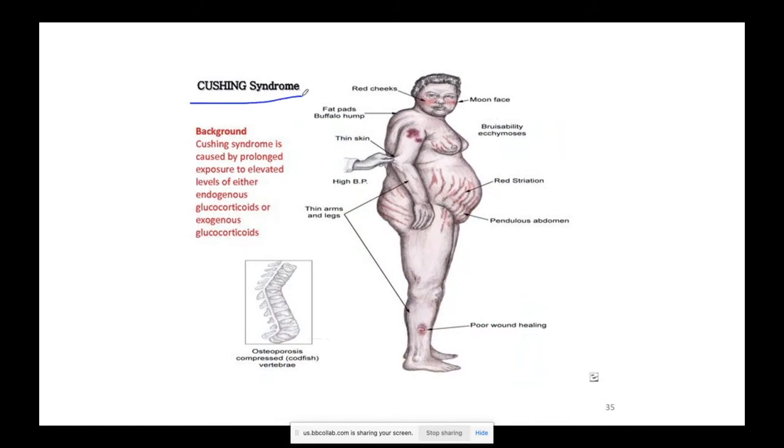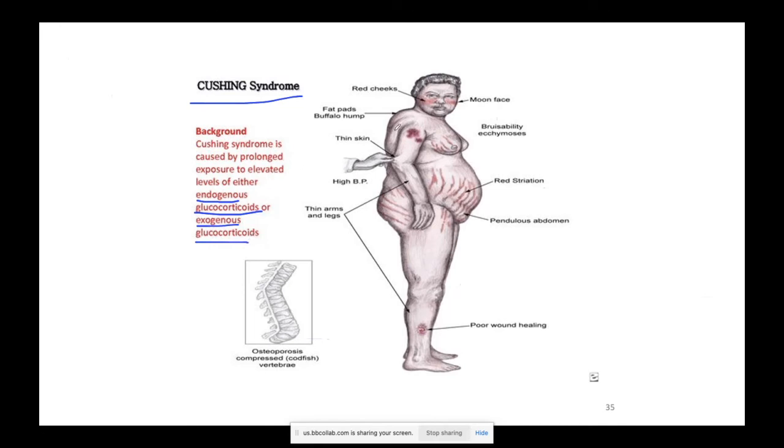Cushing's disease or Cushing's syndrome is a syndrome that's caused by the prolonged exposure to either endogenous or exogenous glucocorticoids, right? So this is cortisol levels that are very high in the body.